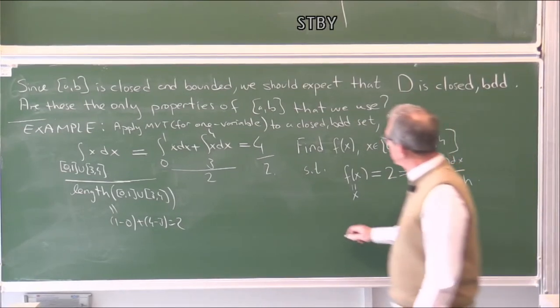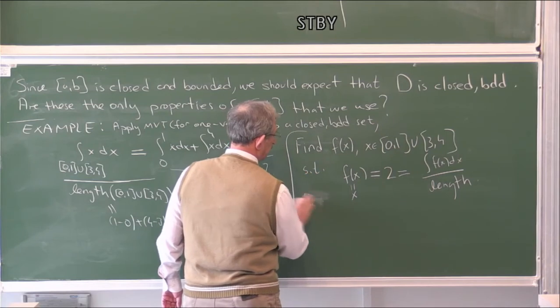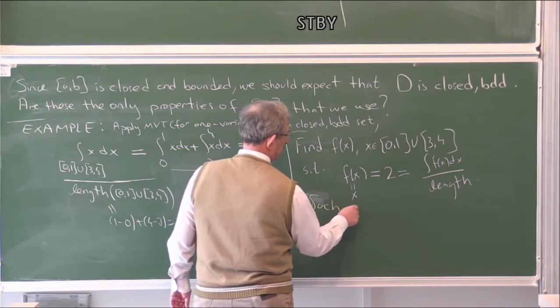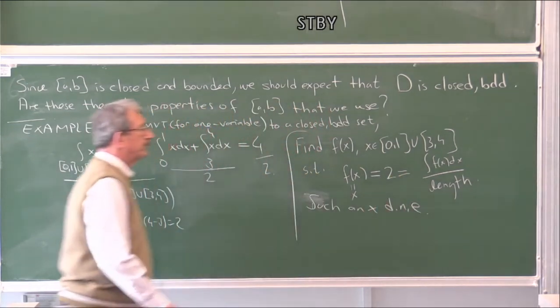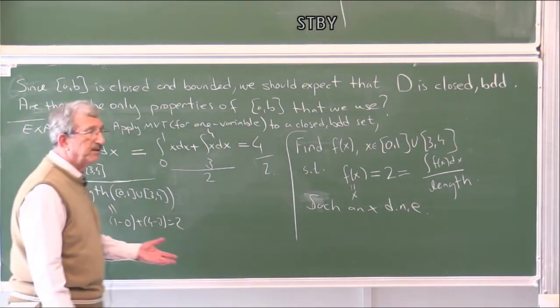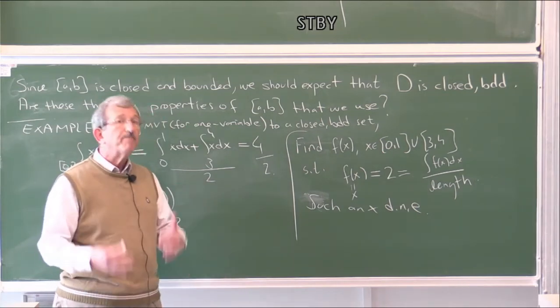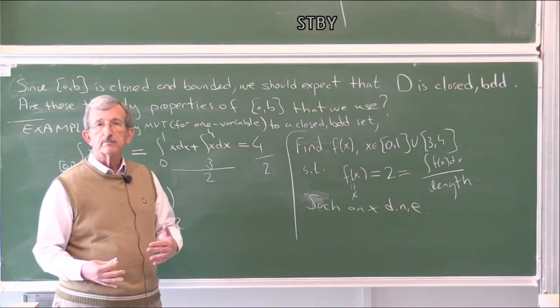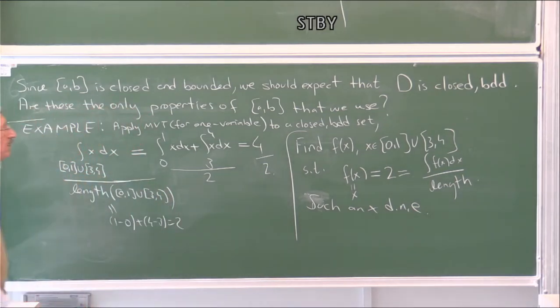So such an x does not exist. Which means that if we want to apply the mean value theorem in one variable, it fails. What's the reason here?